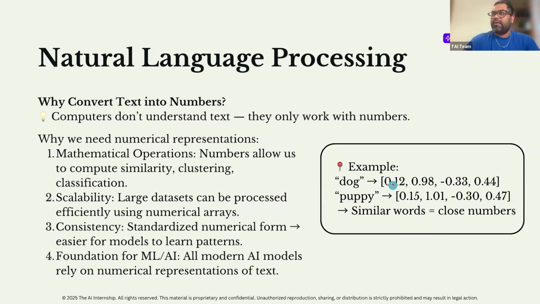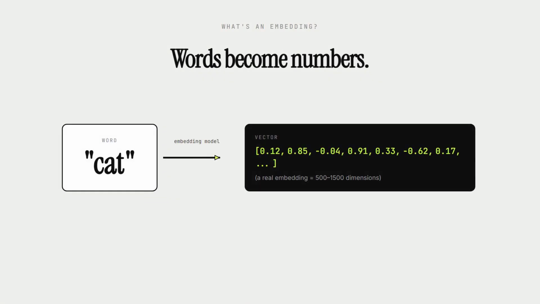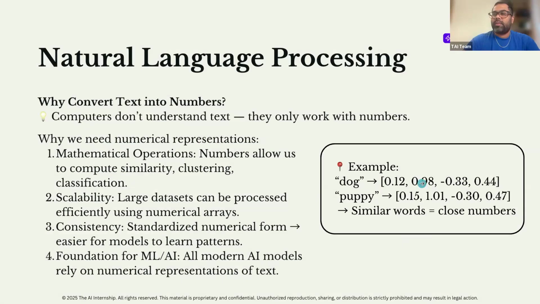In a real embedding setting, it would not be just four numbers, it would be a long array like 500 or 1000, depending on the type of embedding model that you're using. So you'll have a string of float numbers to represent what the text looks like as an embedding.